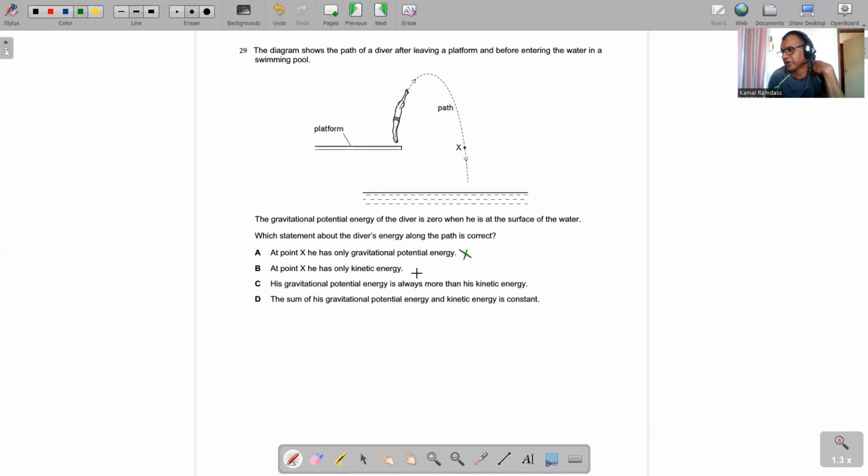At point X, he has only kinetic energy. No. Il peut bouger. Il y a une hauteur depuis ici. Il y a une potential energy. His gravitational potential energy is always more than his kinetic energy. Non. Quand il arrive là, il a juste kinetic energy. Il n'a pas gravitational potential energy. The sum of his gravitational potential energy and kinetic energy is constant. Oui. Ça m'a d'accord.